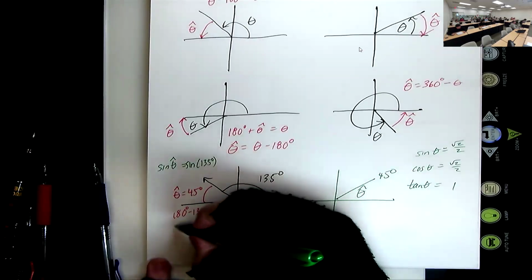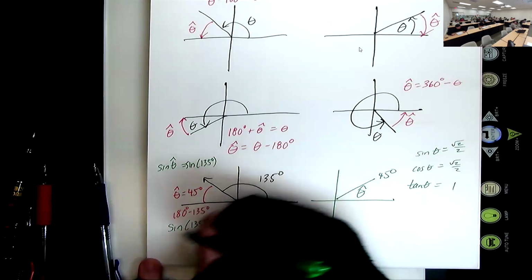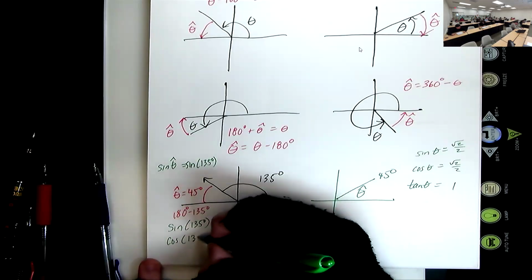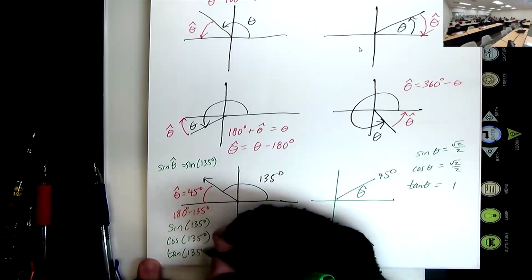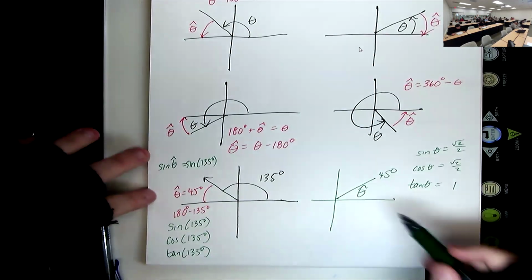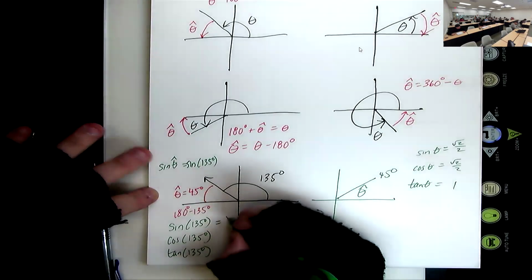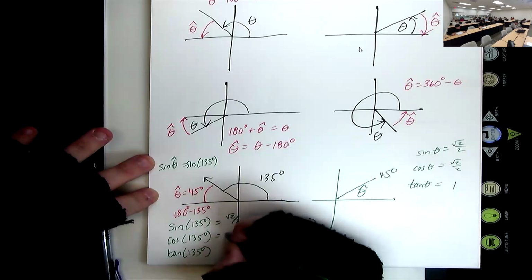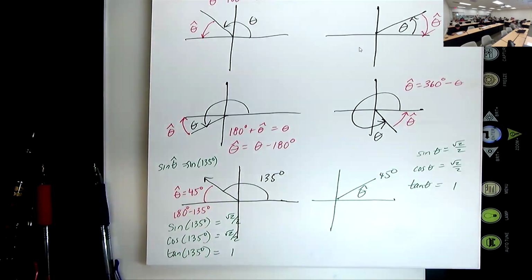So over here, sine of 135, cosine of 135, tangent of 135 have all the same values as the reference angles in the first quadrant. And all you have to do is pay attention to sign.